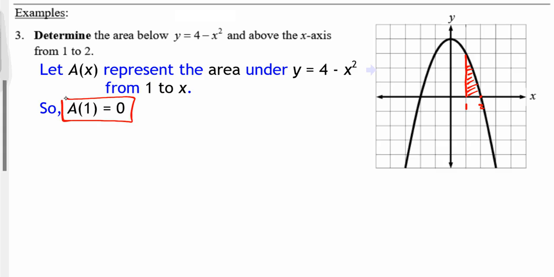So we can find an exact equation for the function. So my area function will be the integral of 4 minus x squared dx.